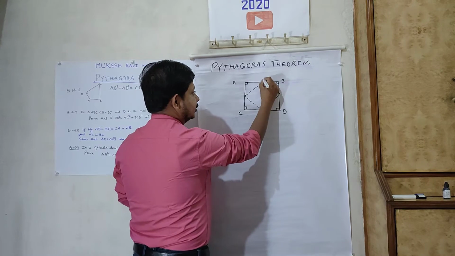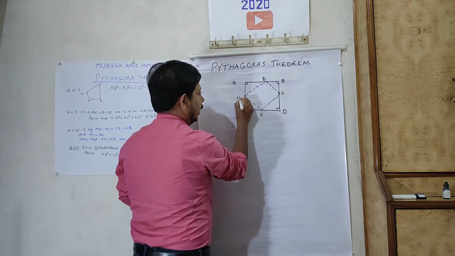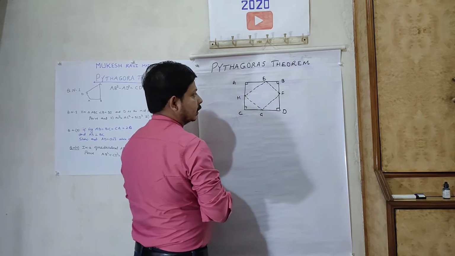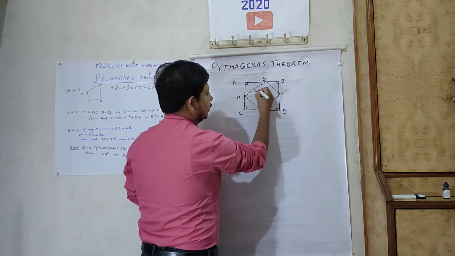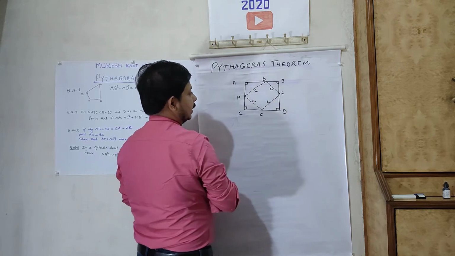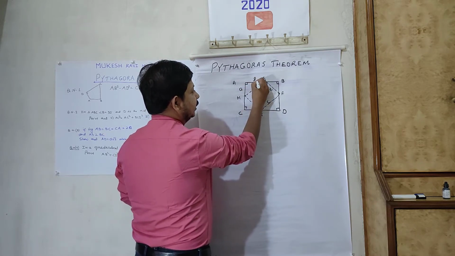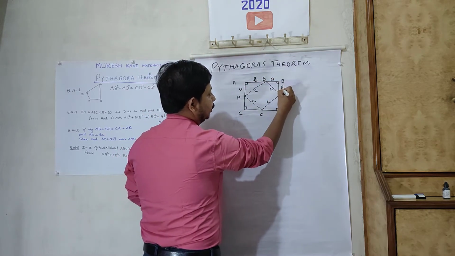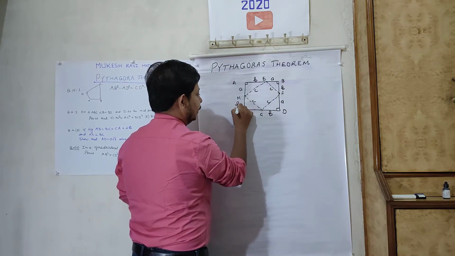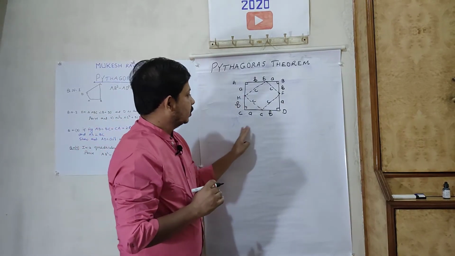Suppose this is E, F, G, H, and these 4 points give you a square whose side is C, and this part is A, B. Now the figure looks like this.